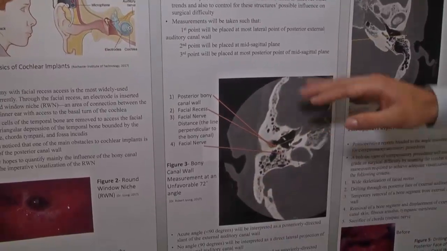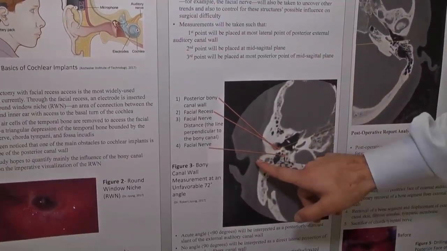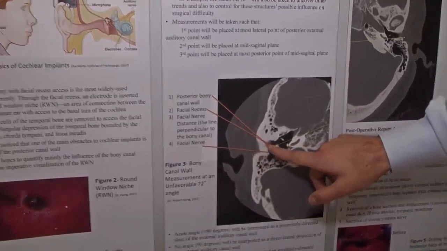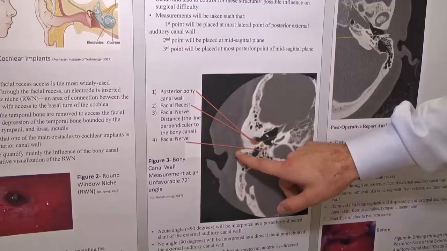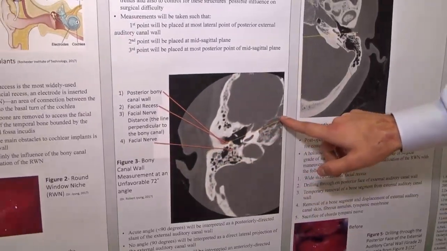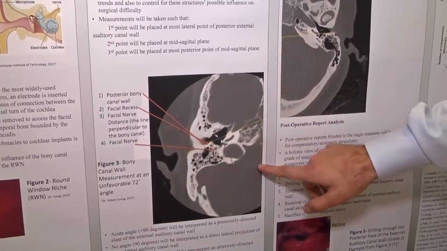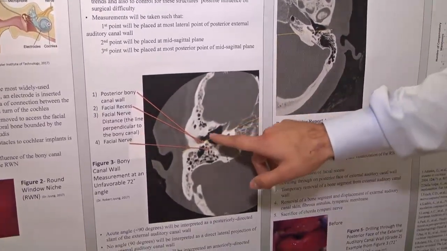This is the left ear, and this is the front of the face. So here would be the slope of the bony ear canal. We are making the measurement tangential to the bony ear canal, and then making another line parallel to the sagittal plane. So this is the angle we're measuring.